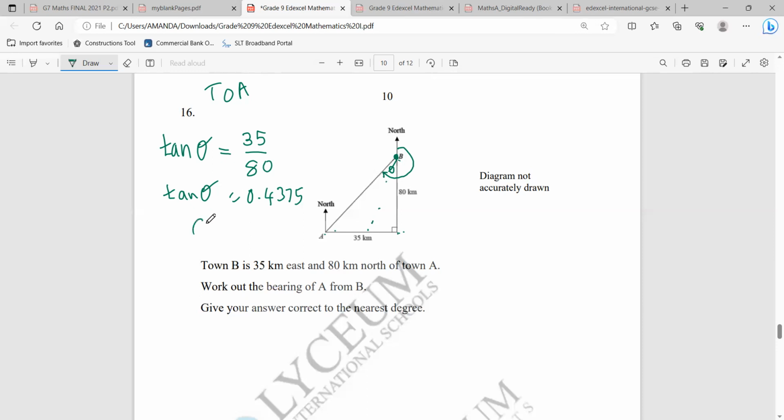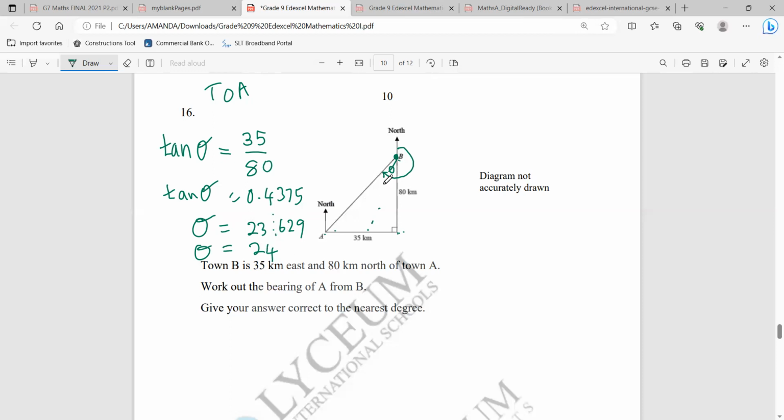So this angle theta is 23.629, something like that. Give your answer correct to the nearest degree. So when you correct to the nearest degree, it's 24, because you're cutting off from here.